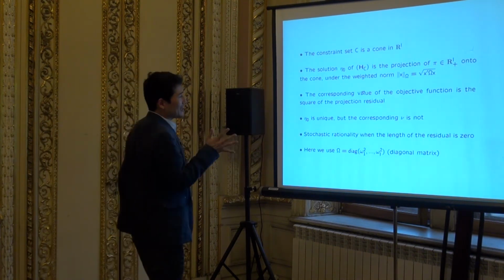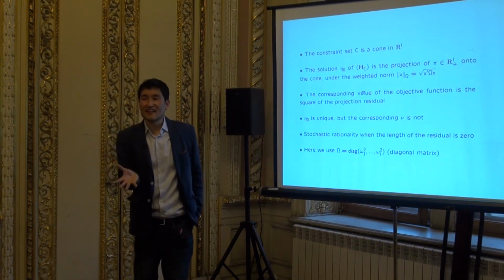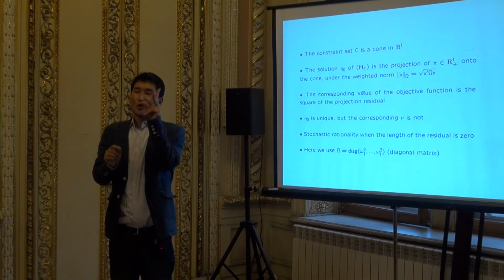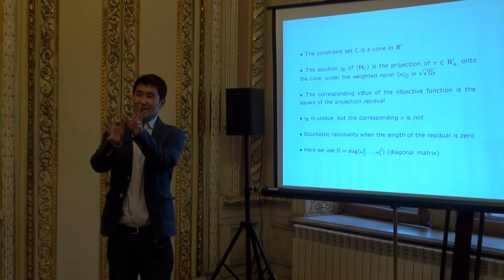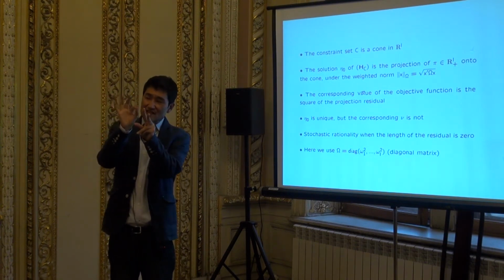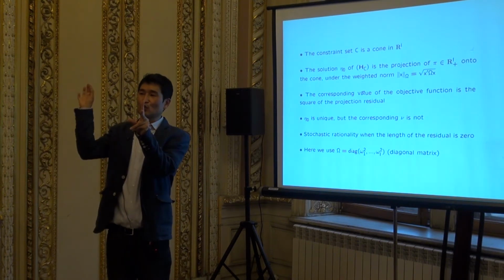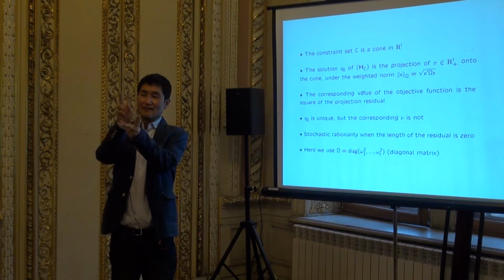That's the basic insight, because theoretically I know where the observed choice probability pattern should be in this space: inside the cone. I calculate the minimum distance between the observed choice pattern and the cone.